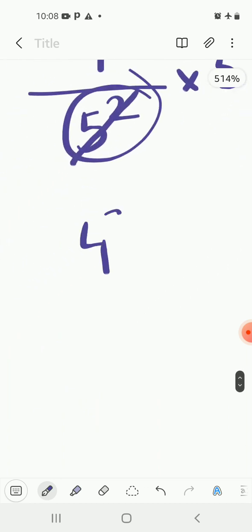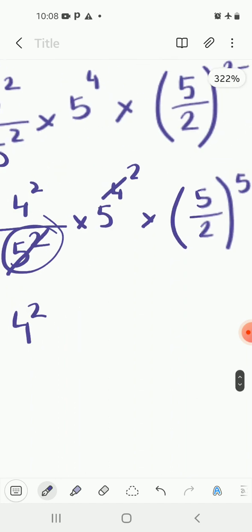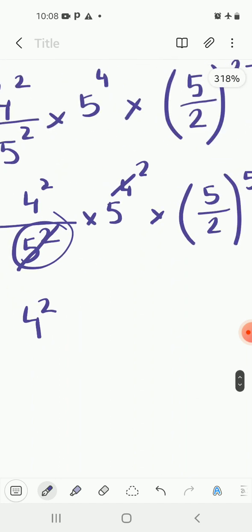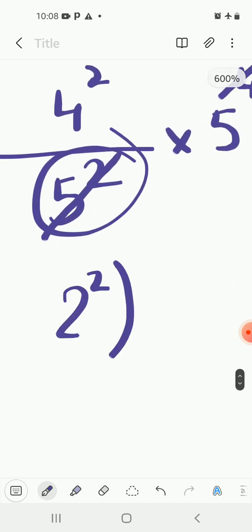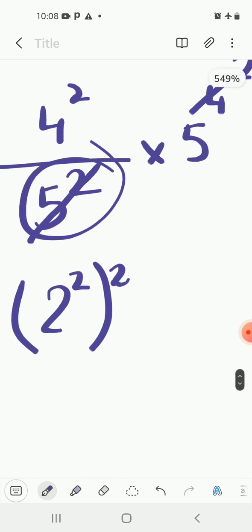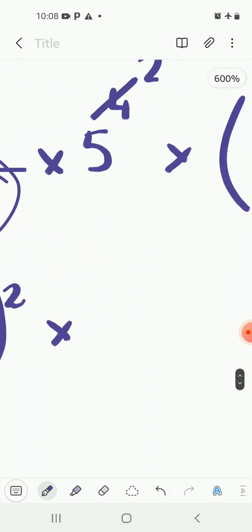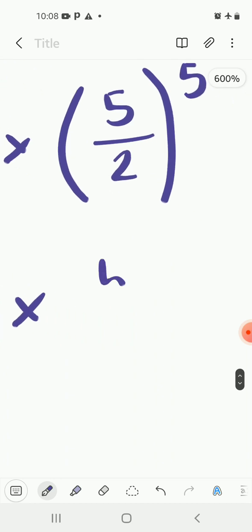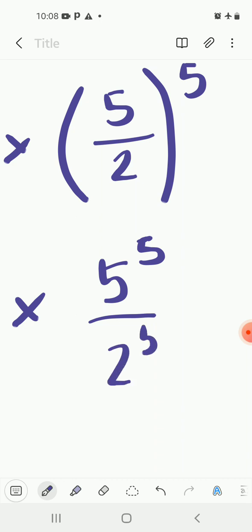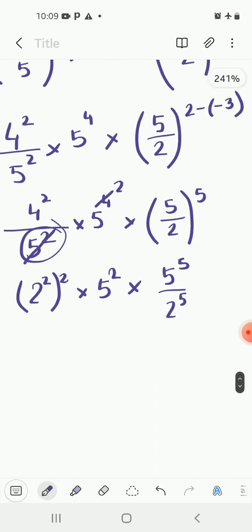What is left with me is 4 square, which we can also write as 2 to the power 2, whole to the power 2, because 4 can be written as 2 into 2. That is 2 squared. Into 5 to the power 2 remains, into 5 to the power 5 and 2 to the power 5. This is remaining, and I've split this into this.